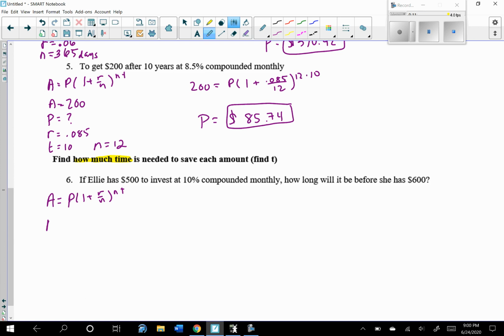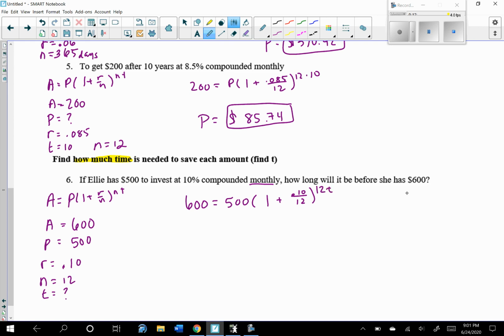Our amount is 600 because that's how much we want. The starting amount is $500. R is equal to 10%, so 0.10. N compounded monthly is equal to 12, and T is now what we're solving for. So we get 600 equals 500 times 1 plus 0.10 divided by 12 to the 12t.